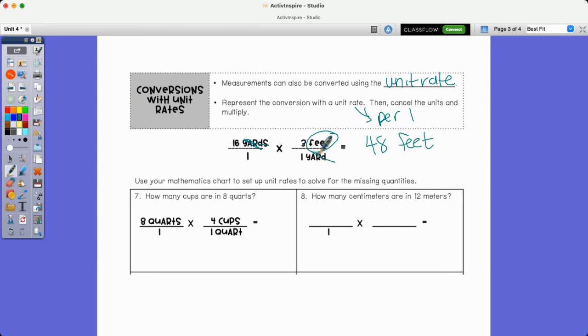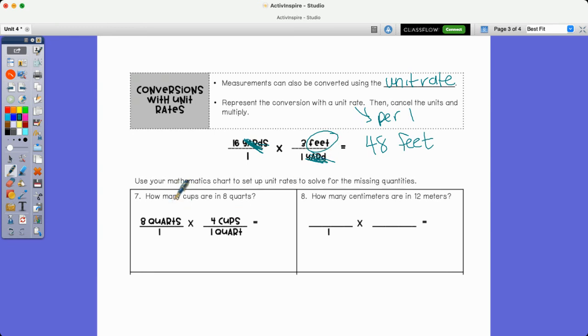Now this gets a little confusing because it's not like we've been doing, because it's not a proportion. This is unit rate, so it's feet per yard. And the goal is to get rid of the one that we no longer want and just be left with the term that we do want.